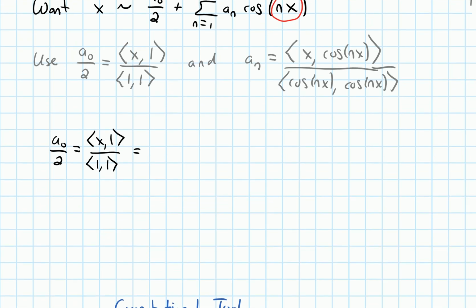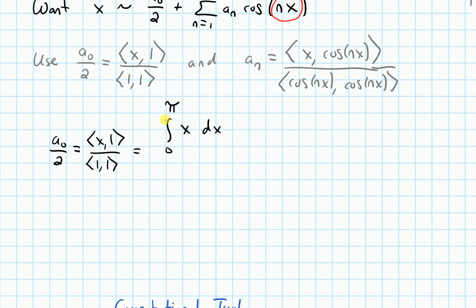So a naught over 2. Let's evaluate what these two inner products are. The inner product on top is going to be the integral from 0 to L, which in this case is pi, of x times 1, which is x, dx.